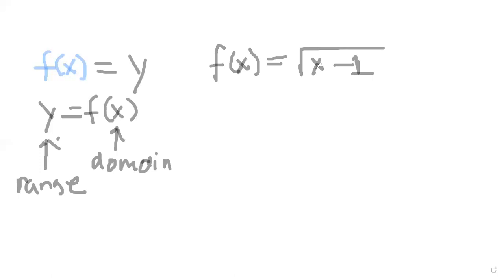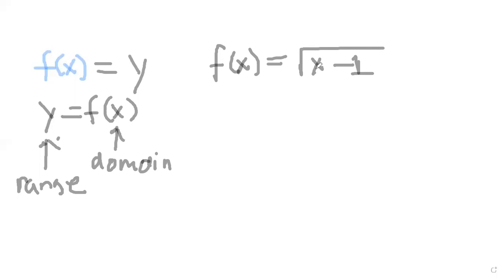If we put x equal to negative 2, that would make the square root of negative 3, which is i times the square root of 3, a complex value. Can't graph a complex value.